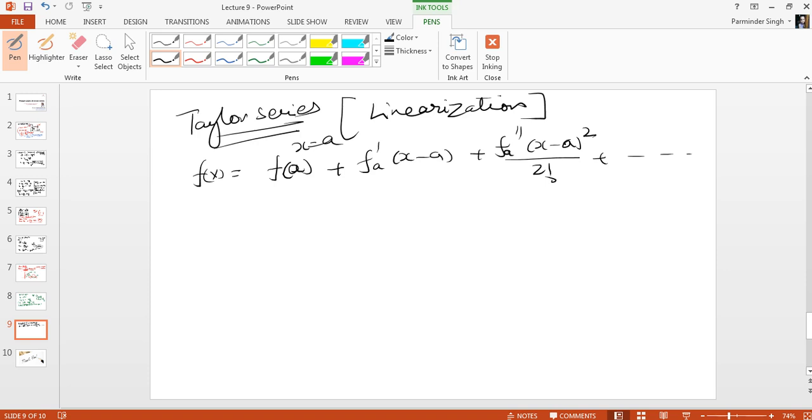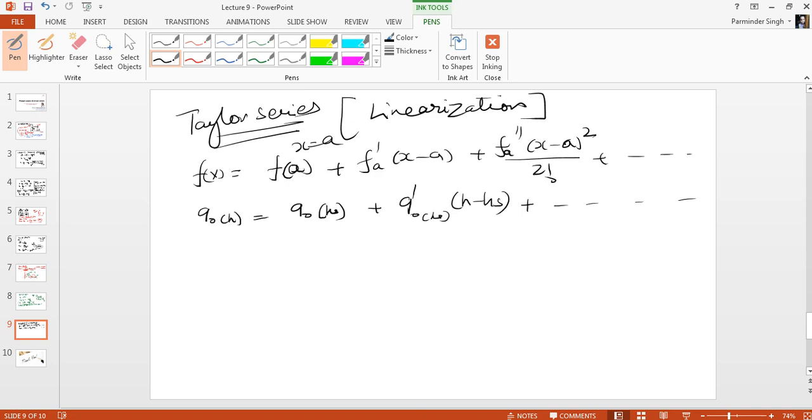So if you have q naught, which is a function of h, this can be written as q naught at steady state, that is hs, plus q dash naught at steady state into h minus hs plus higher order terms.